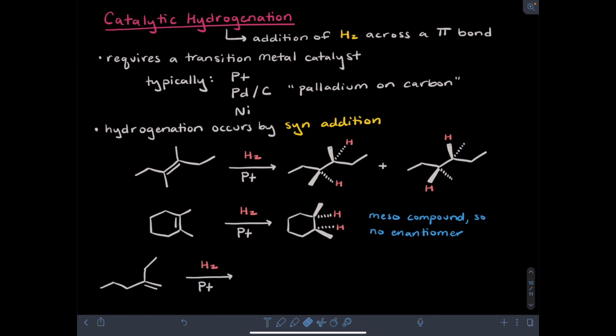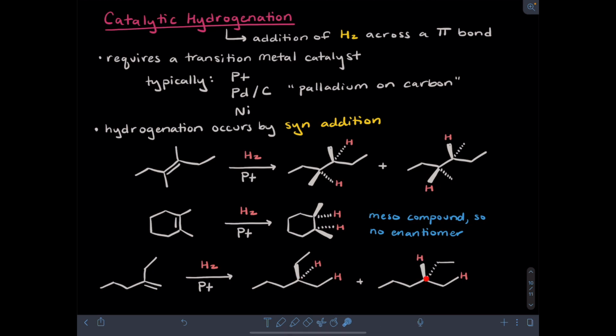And for a last case, let's look at a disubstituted alkene, again being treated with hydrogen gas and the platinum catalyst. In this case as well, I add 1 hydrogen each to the 2 carbons of the alkene, and then I need to consider the product stereochemistry. One of the carbons that had a hydrogen added to it is not a chiral center, but one of them is.